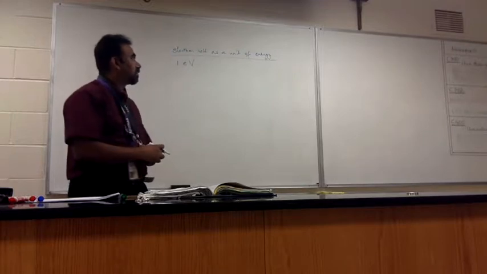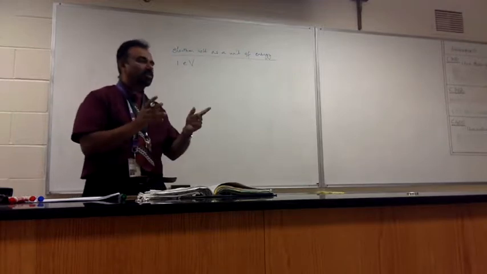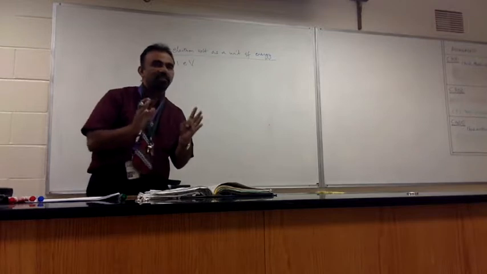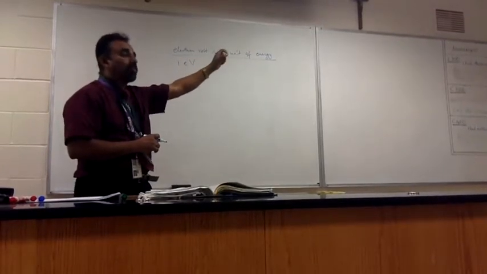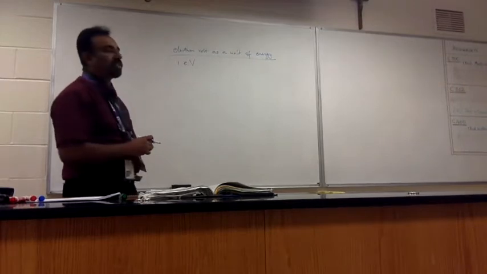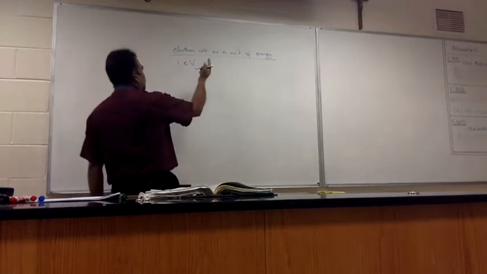What is the electron volt? Electron volt is not the unit of potential. It's not a potential difference kind of thing. It is the unit of energy. How small is that energy, and how is it defined? What is 1 electron volt defined as?